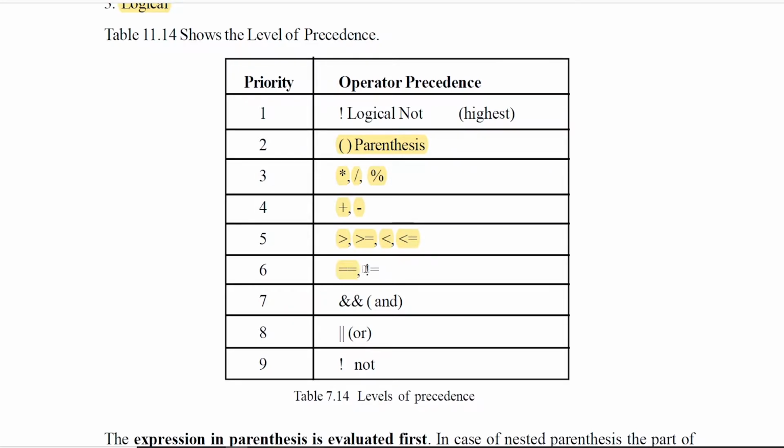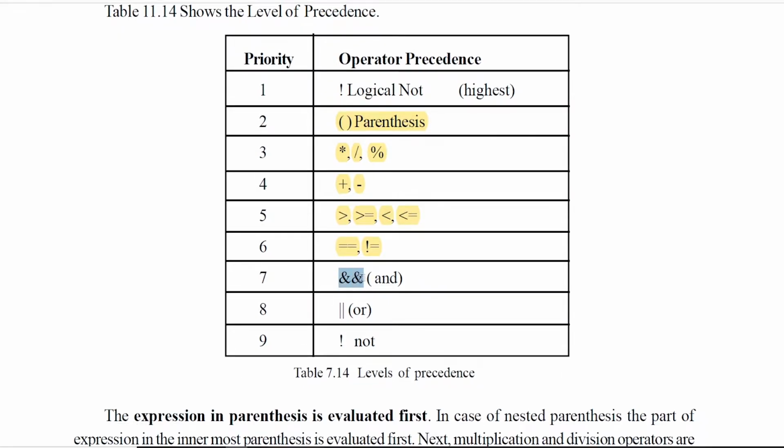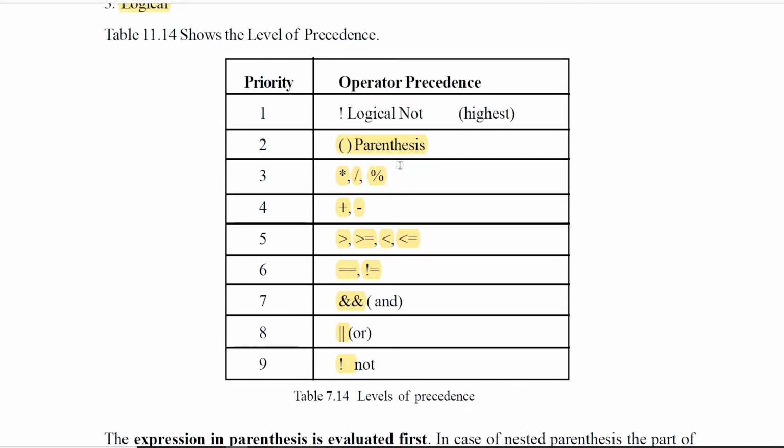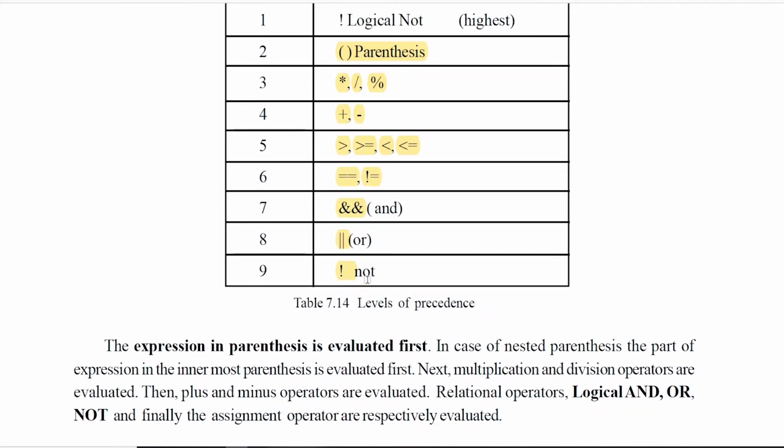Then equal, not equal, then and, logical or, and then not. You can see here first the arithmetic operators, then relational operators, then logical operators.